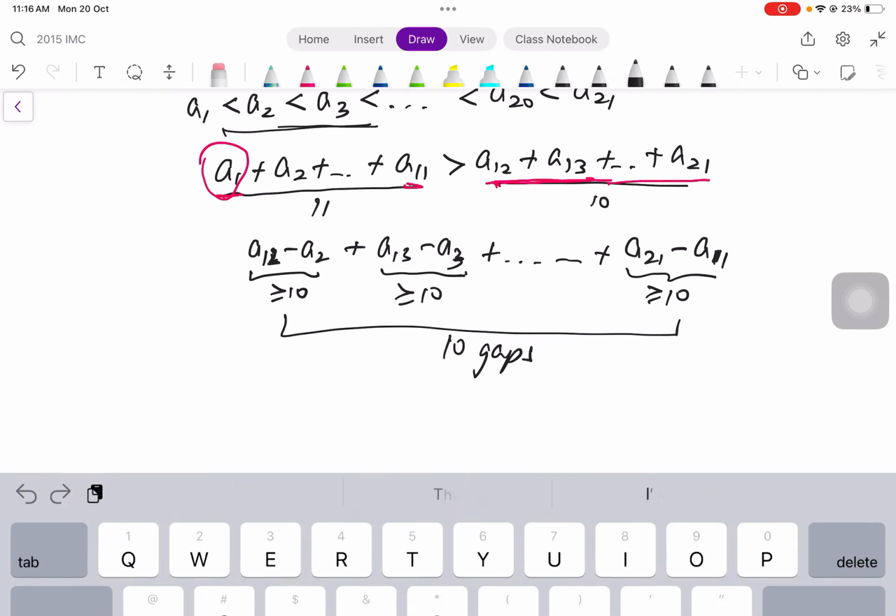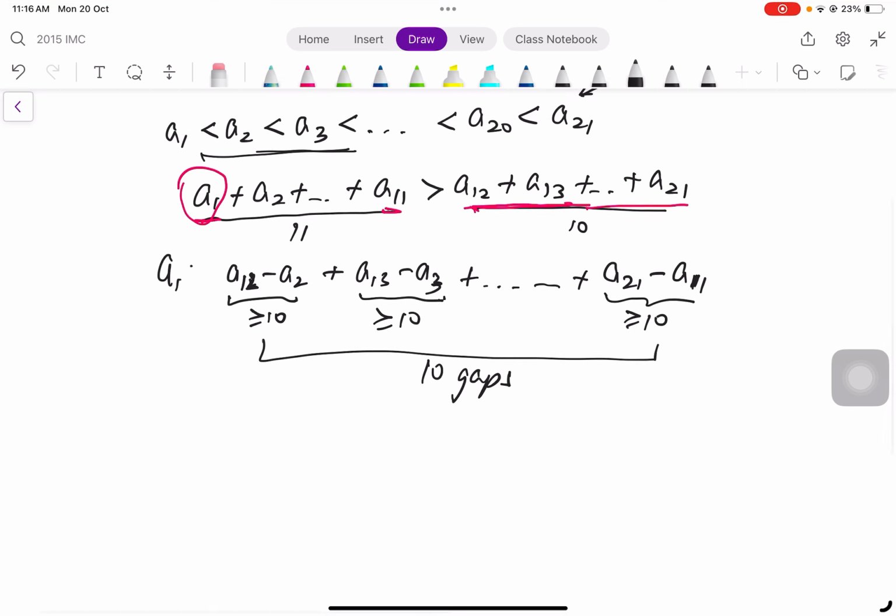Therefore, we can see that your A1 must be greater than all this gap. It must be able to cover the difference. Therefore, your A1 is greater than 10 times 10, which is 100.